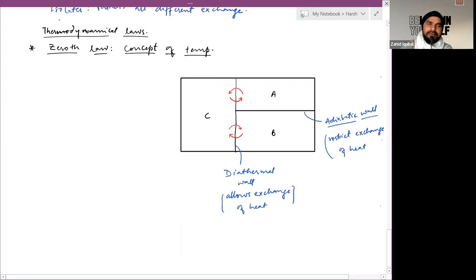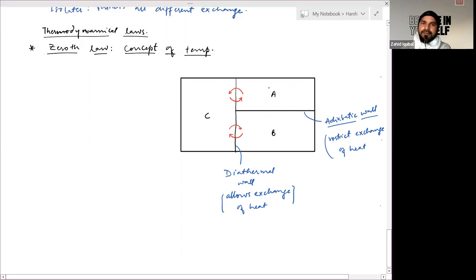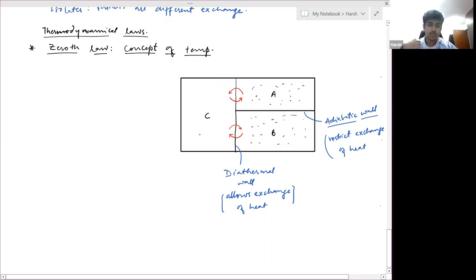That's why we have transfer of heat between A and C and also between B and C. At equilibrium, the temperature of A becomes equal to C and the temperature of B becomes equal to C. If you remove this middle adiabatic wall, there will be no further exchange of heat between A and B. It means A and B will be in thermal equilibrium. Is it clear? Yes, sir.